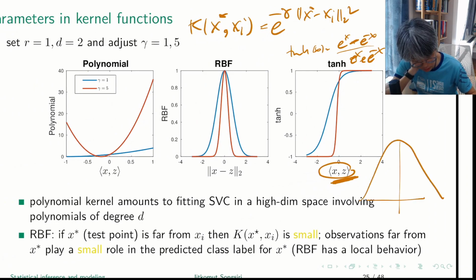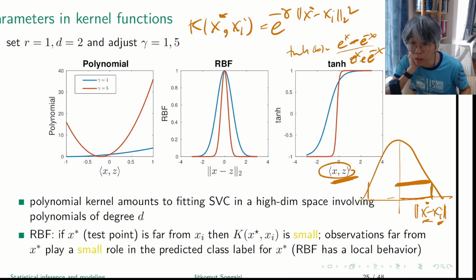This is the Gaussian, and this is the distance between xi and x star. If the distance between these two is very far, suppose the distance is here, the value of the kernel function would be small. So a training data point that is far from x star, the test point, will have a small role in the predicted label for x star.